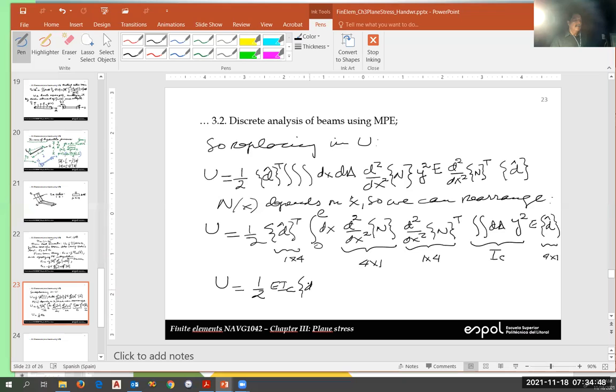Then we have the rho, and then we have to integrate from 0 to L in X, and we have this vector. The second derivative times this is a rho. The second derivative is like the transpose. We have this already out here, so we have the E also up here, so we have to multiply only by this other vector.